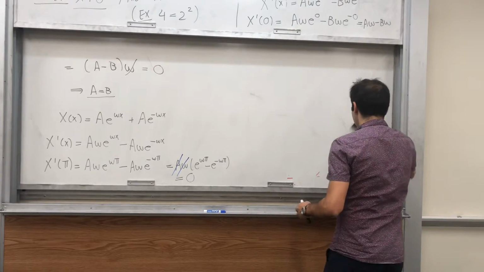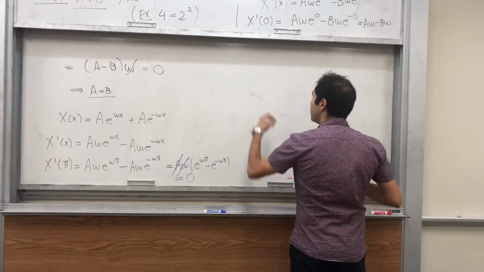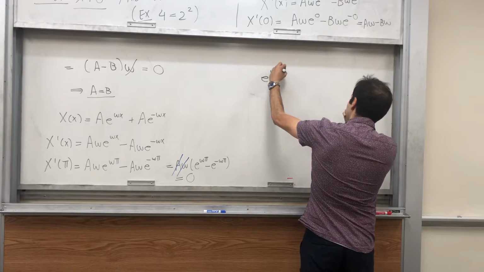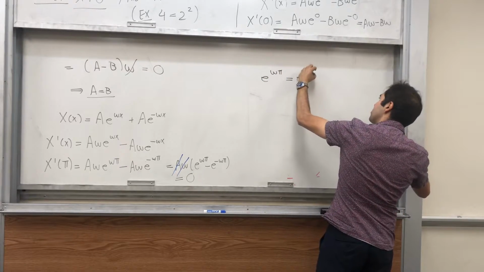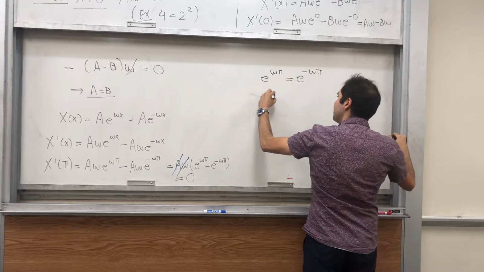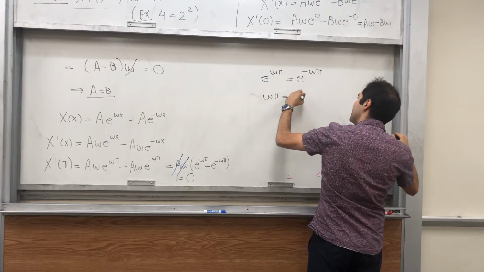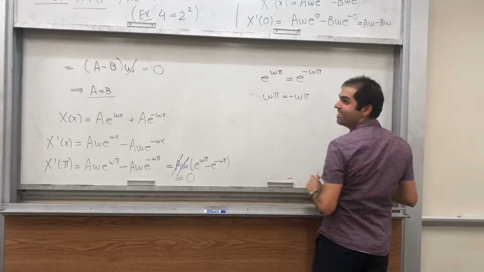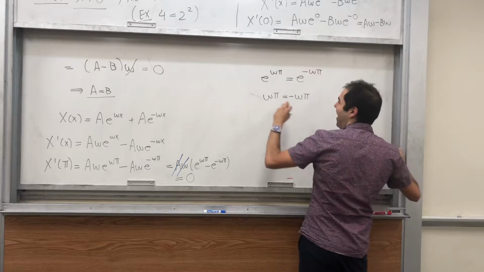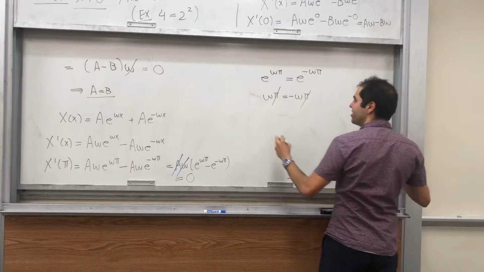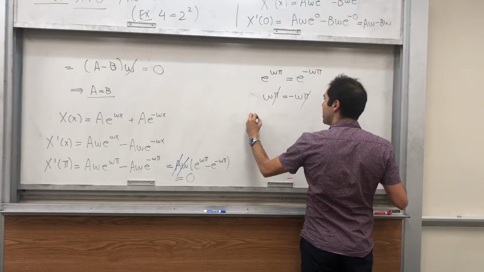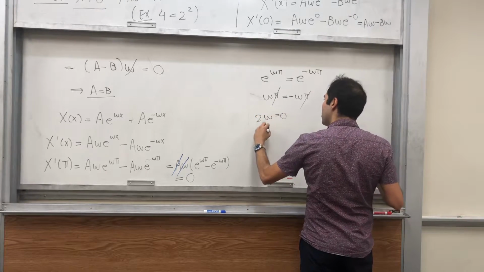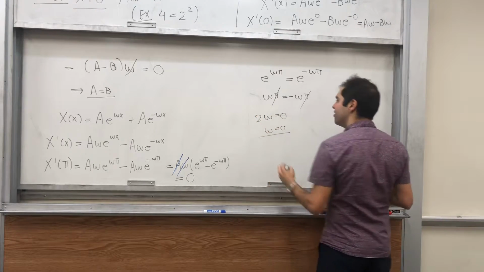So in other words, e to the omega pi equals e to the minus omega pi. Take ln's, omega pi equals minus omega pi. It's my favorite kind of pi. You can cancel out pi, and then basically you get 2 omega equals 0, and then omega equals 0.